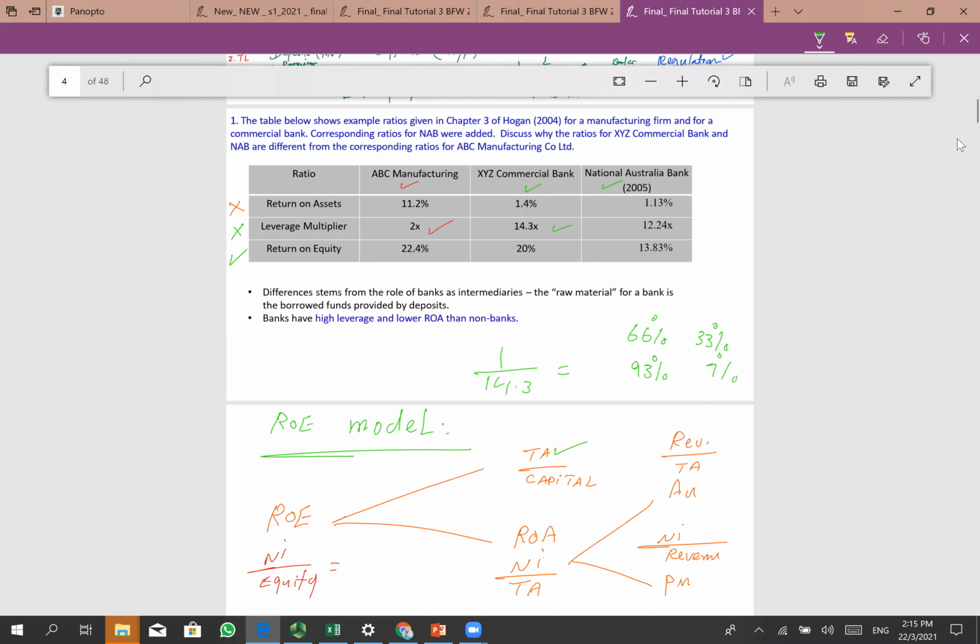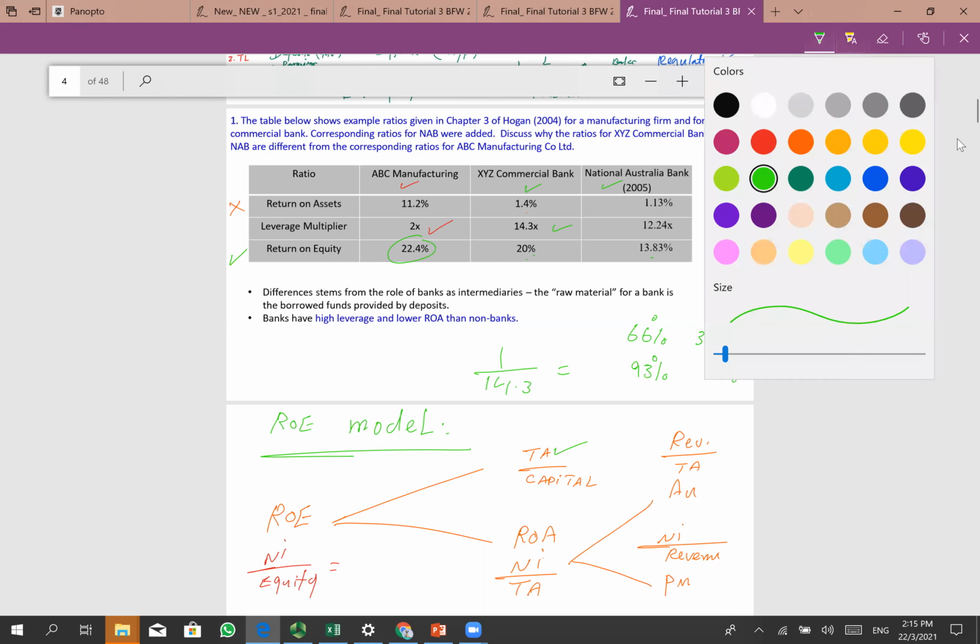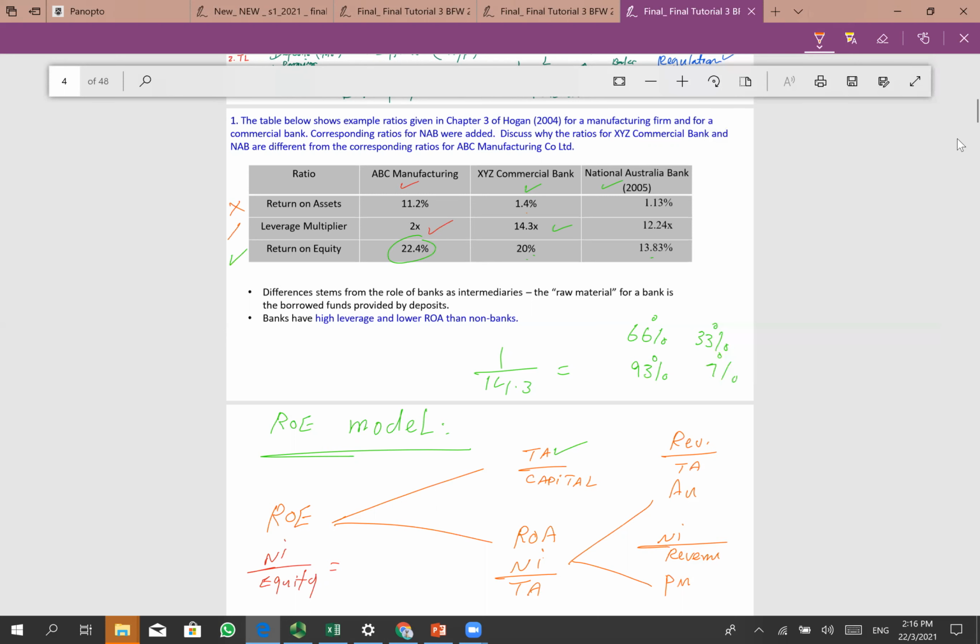And then I can say with confidence that ABC company is doing 22.4, and this bank is giving the shareholders 18. So this company is better for the shareholders if I'm going to invest. Now I can compare, but I cannot compare here, as I told you.